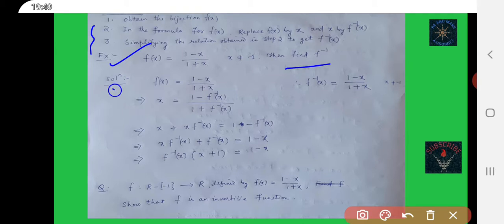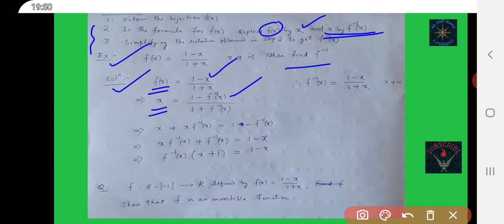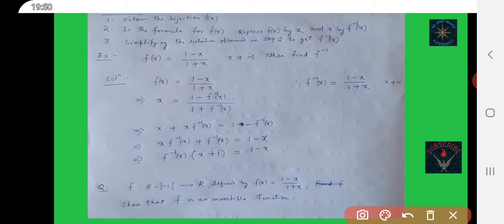So first step, you write this f of x equal to 1 minus x divided by 1 plus x. Now you replace f of x by x. So you can write in the place x, and x by f inverse x. In the place of x you write f inverse x. Now you simplify it.